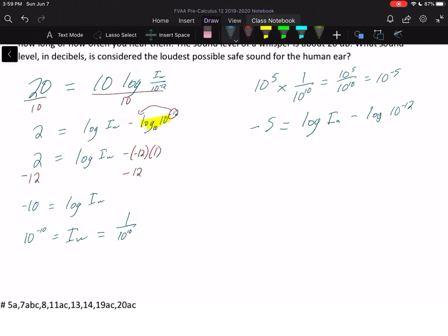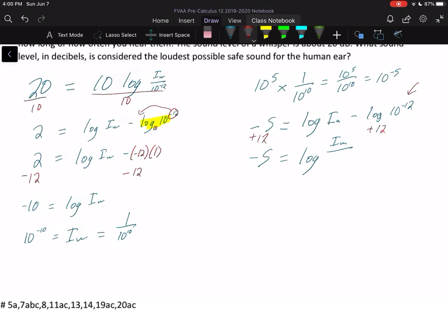Oh, okay, so here it's just which becomes negative 5 is equal to log of I max over 10 to the negative 12. In order to get back to this, I need to do plus 12 on both sides, right? And then turn it back into a log of 10.